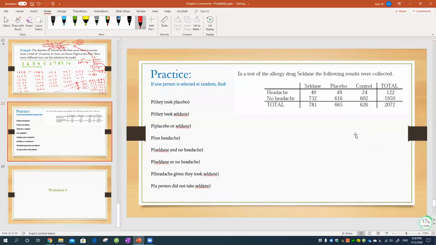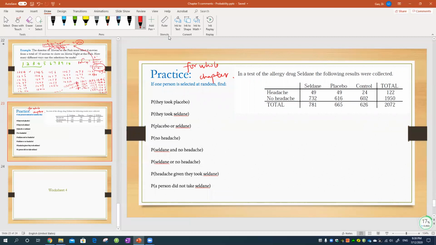This is for the whole chapter, so it involves a lot of concepts from different sections. In the test of the allergic drug Seldane, the following results were collected.